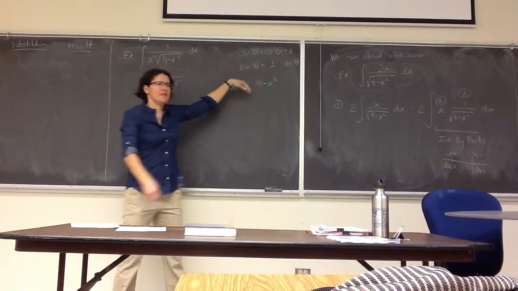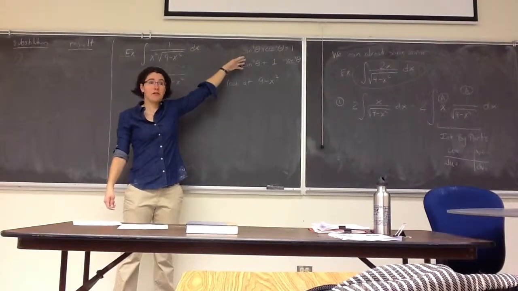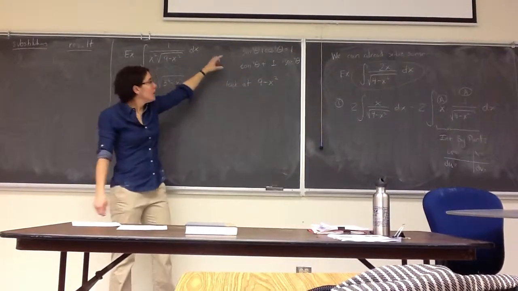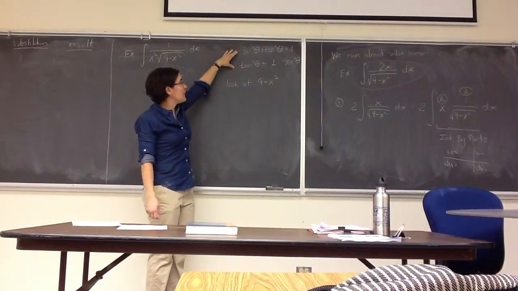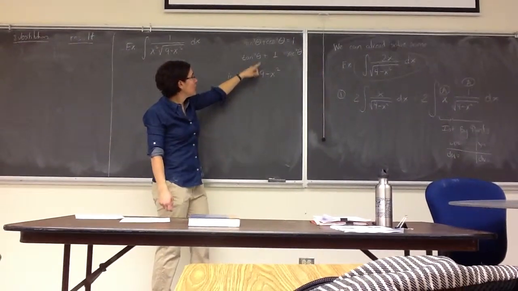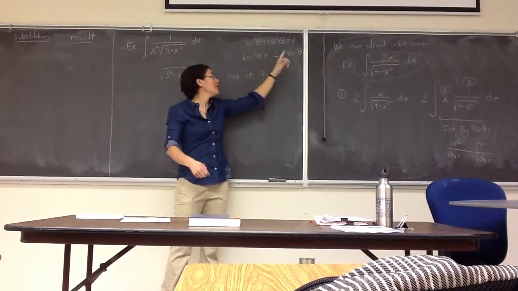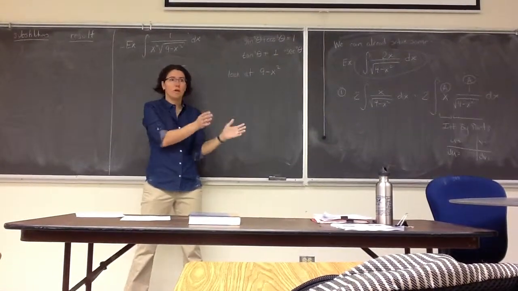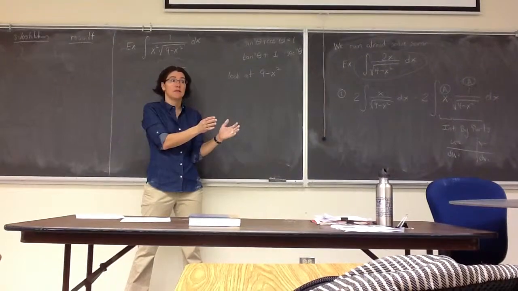And right now you're saying, what the heck does this have to do with these trig functions up above? When I look at these trig functions up above, I'd like to be able to write one of these trig functions as a number minus one of those trig functions squared.